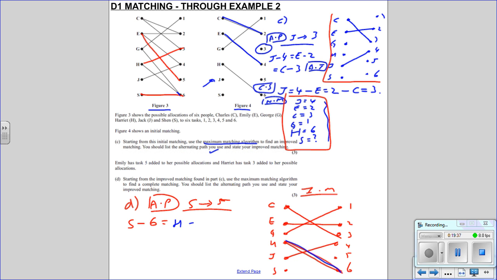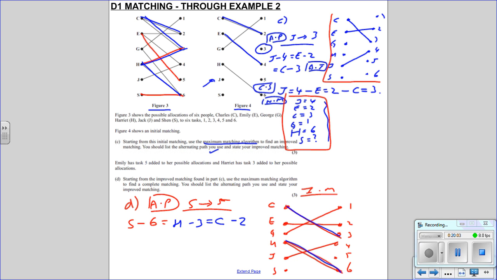H we know goes for 6, but now it also goes to 3. So H goes to 3 now. But 3 was allocated to C, you see? And remember, we're stopping when we get 5 matched. So C can go to 2 and 3. So now C is going to have to go to 2.